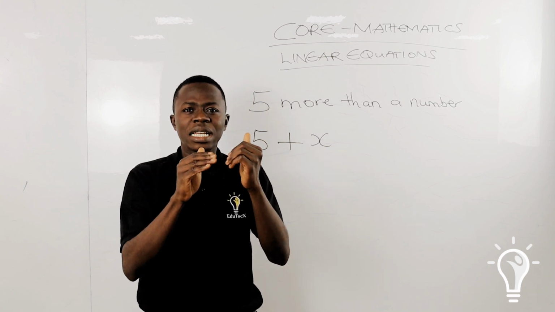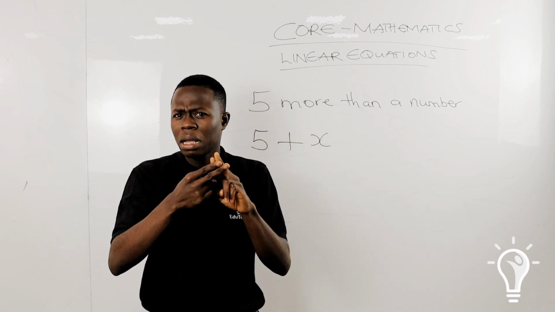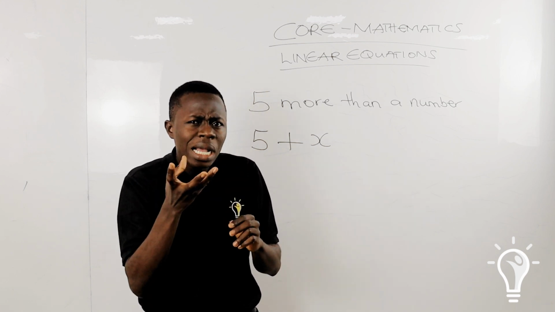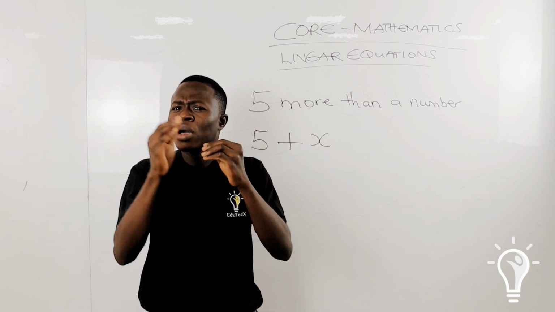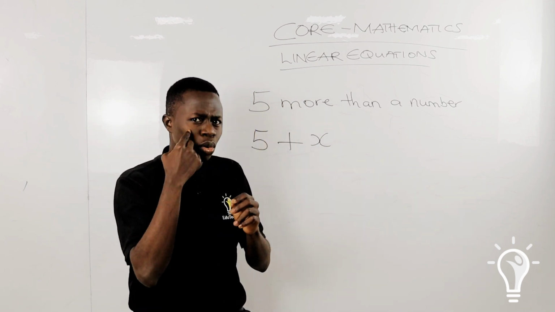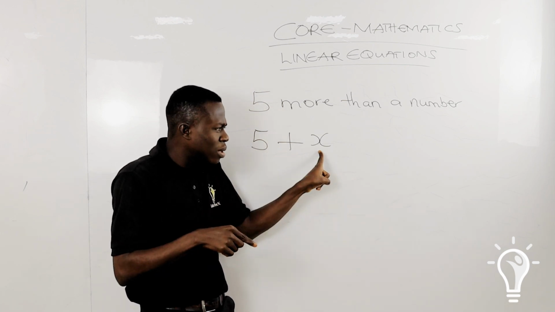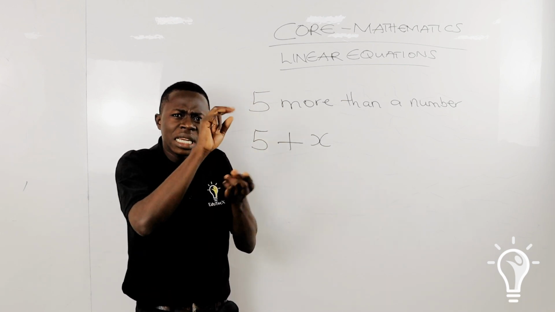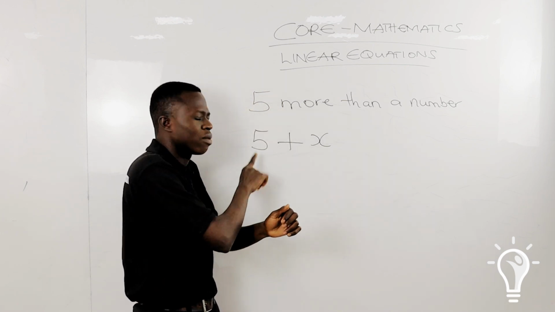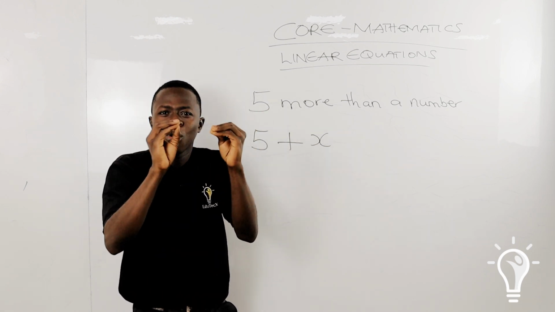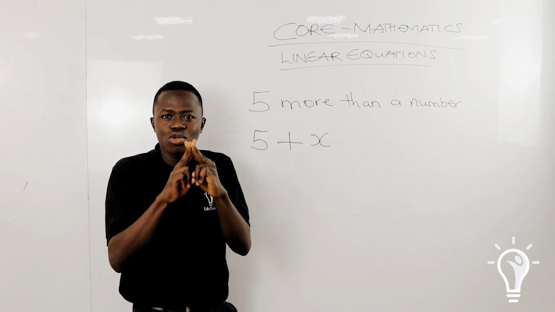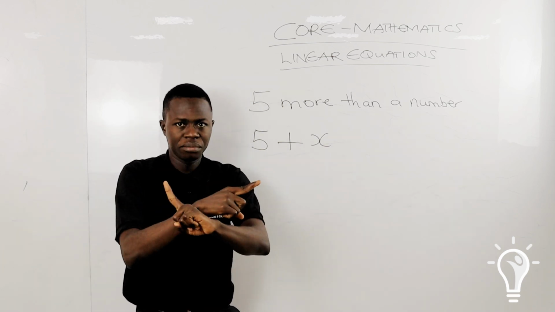Then remember, it says 5 more than a number. That's what the question is saying. The question didn't say a number more than 5. The question said 5 more than a number. So the one that we have on the board, 5 plus x, is trying to say a number more than 5.